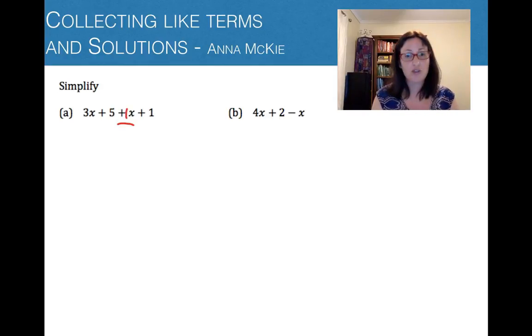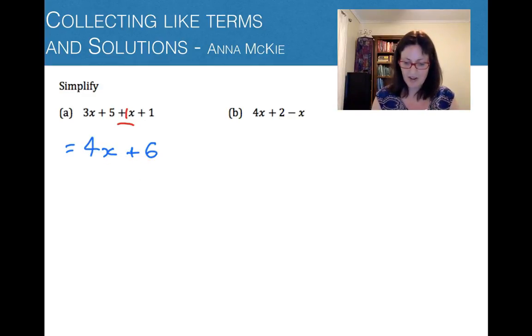So now when we come to group them together, we would write our answer as equals 3x add 1 lot of x, that would give us 4x, and then adding the numbers together, the constants, 5 add 1 would give us 6. So making sure that you've got written down the typed question as well as what it's asking you to do and the answer there.